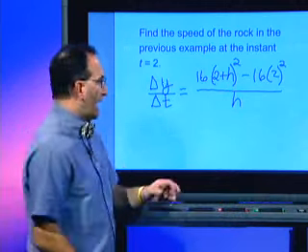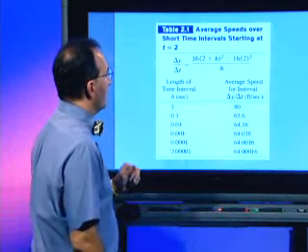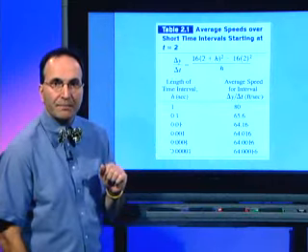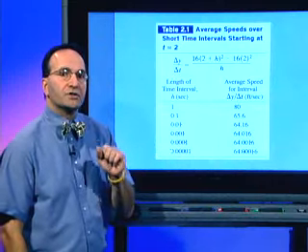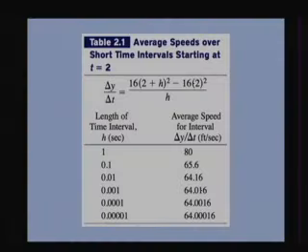Now let's look at the following table that will help us to see what happens as h approaches 0. Starting with h equal to 1 and then having h get closer and closer to 0, you will see that the average speed for that interval gets closer and closer to 64, the same limiting value that we saw earlier.